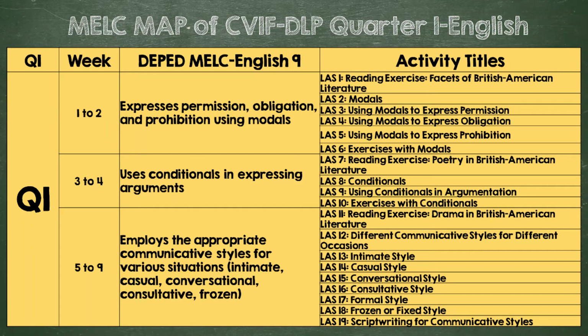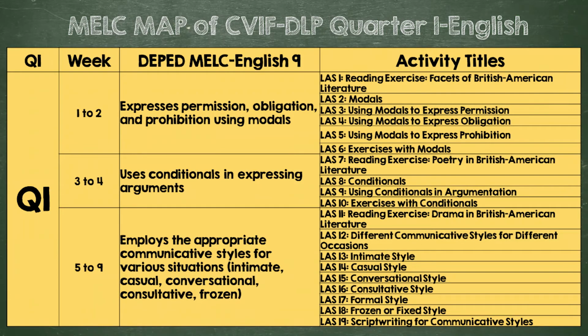Again, I want to emphasize this: a complex task, let's say a very broad competency, can be broken down into several small steps. For example, the first competency, expresses permission, obligation, and prohibition using modals, can be translated into 6 learning activity sheets, and so on.